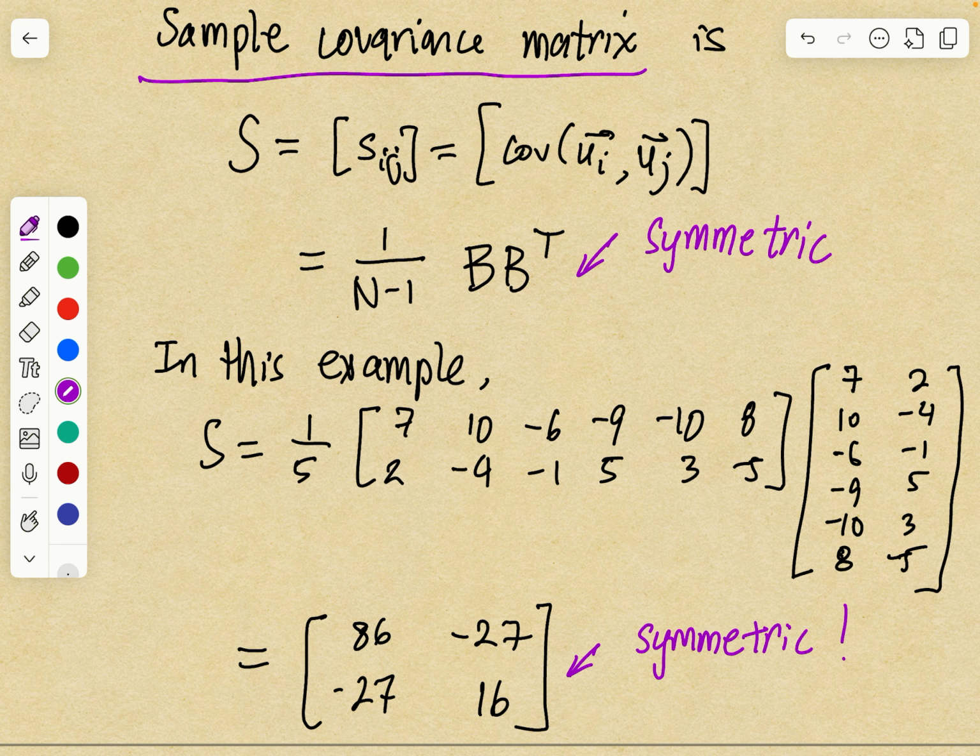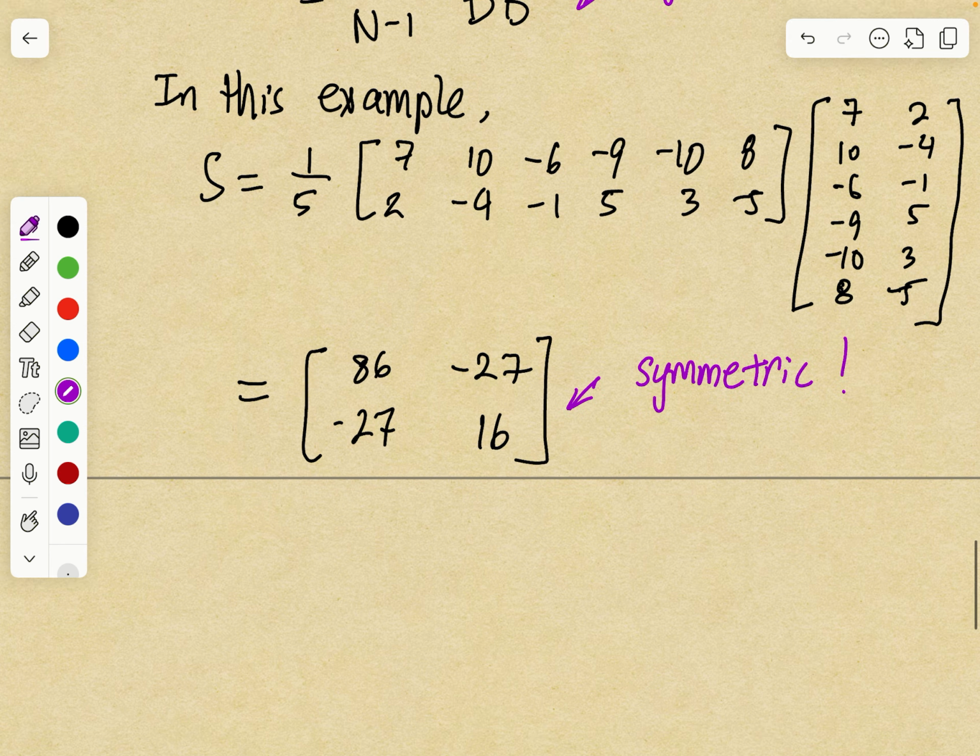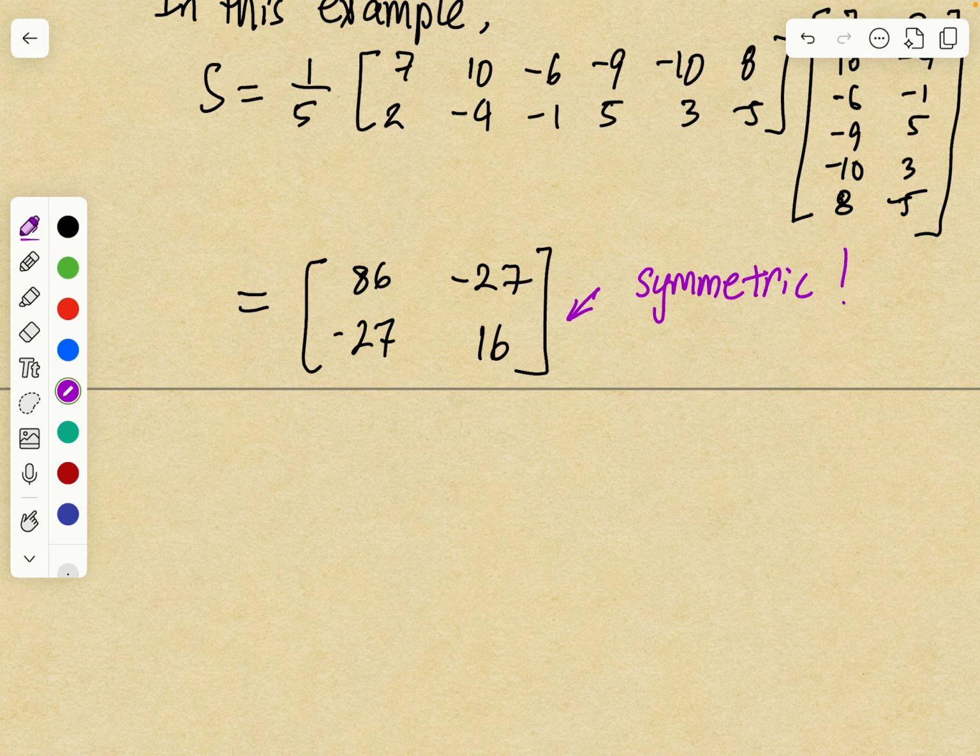And this is a symmetric matrix, as you can check, the transpose of S is itself. So this matrix tells you the covariance of the vector ui with the vector uj. If you think of those as measuring quantities, it measures the covariance of quantity i and quantity j.